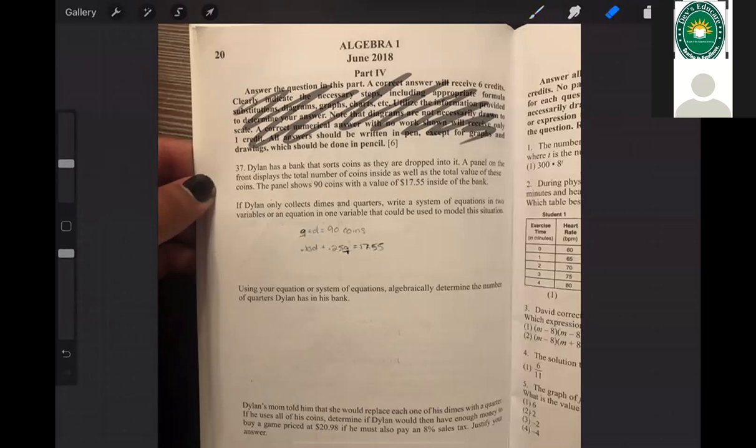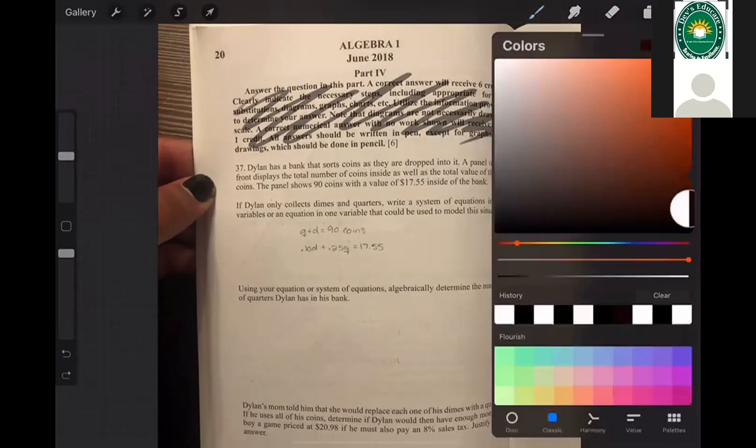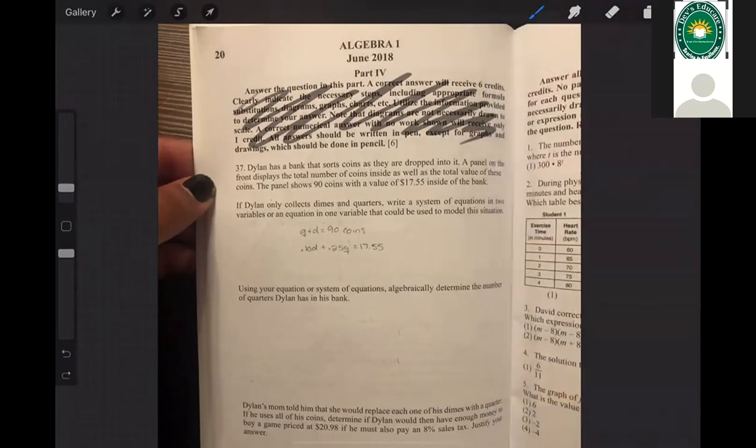What is the problem in this question? Using your system of equations, algebraically determine the number of quarters. Okay, so what to do? We can use either substitution method or elimination method. There are four methods in total.